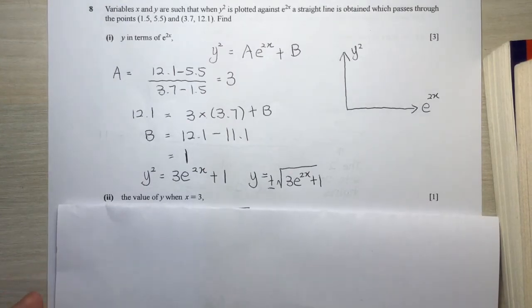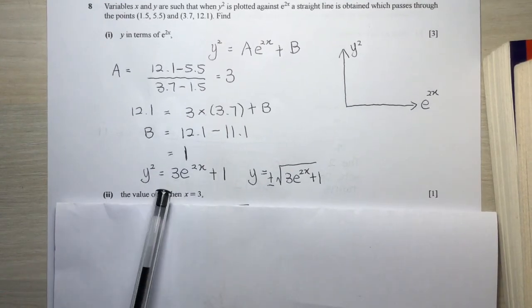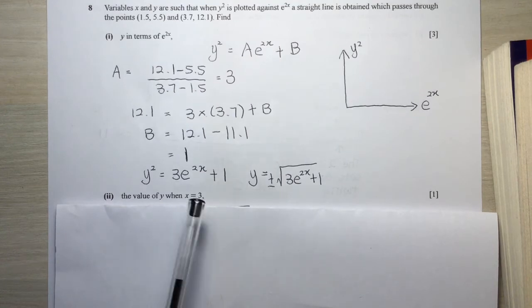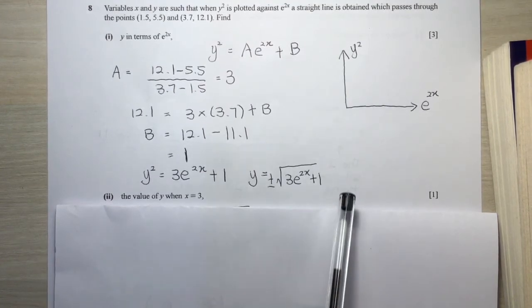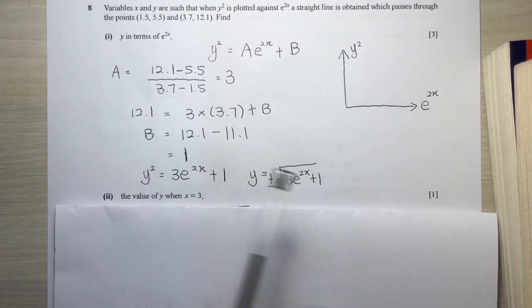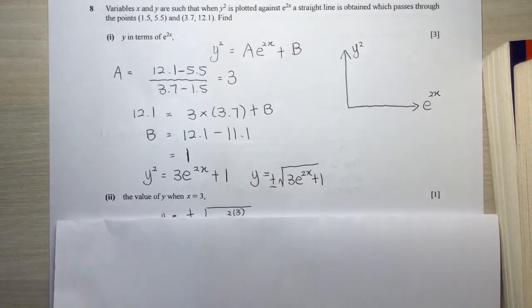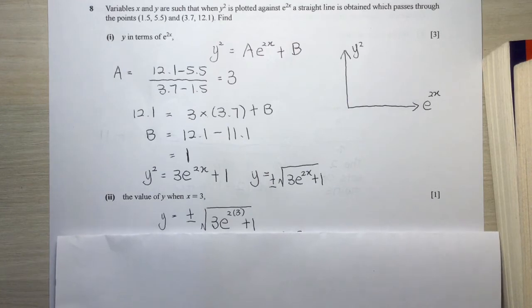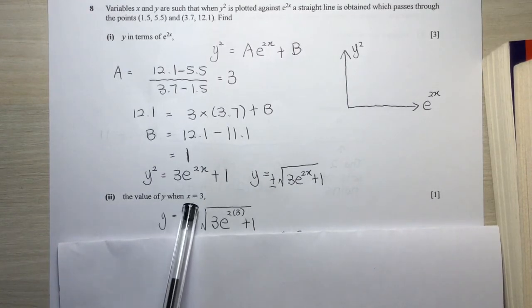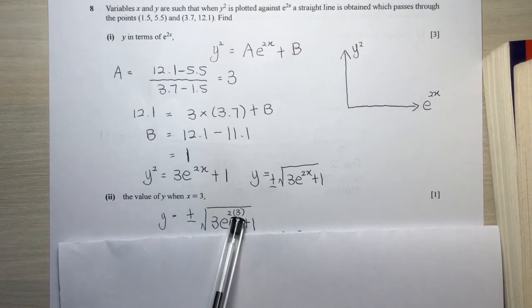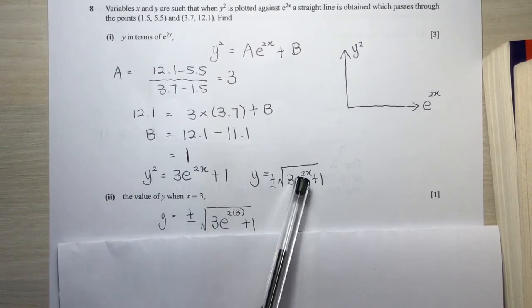Moving on to the second part, find the value of y when x equals 3. Pretty straightforward, because we have obtained y in the first part. This is only a 1 mark question. Make sure you rewrite the equation from the first part, shift it down, and then simply substitute the x value into the x inside here.